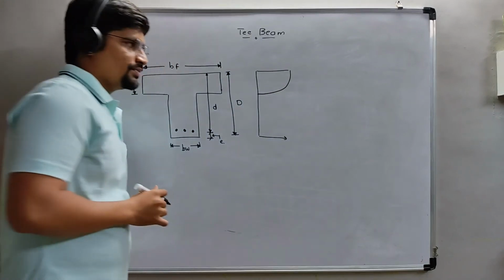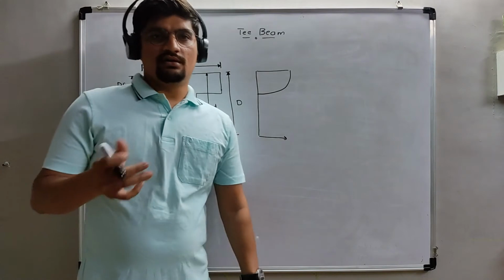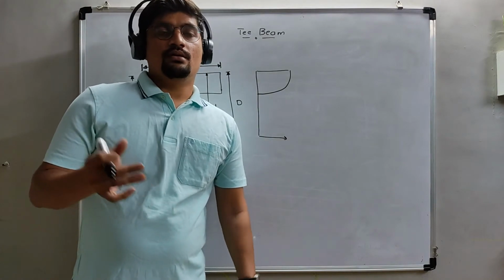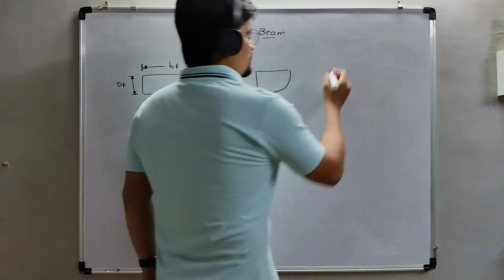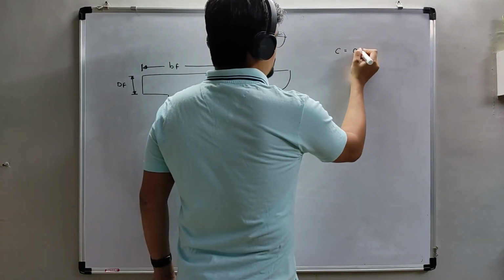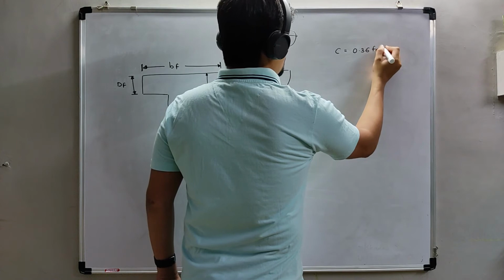So, as we have studied earlier, in a singly reinforced section, the maximum compressive force was 0.36 fck b xu.